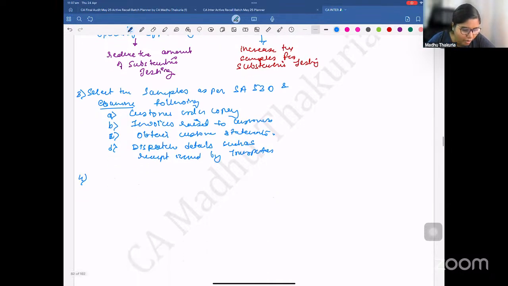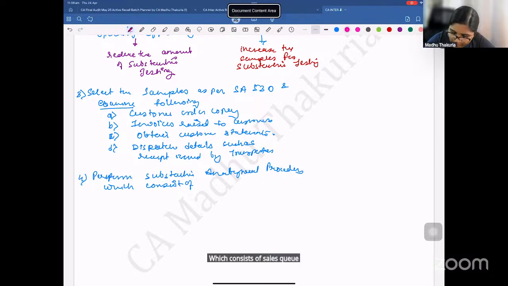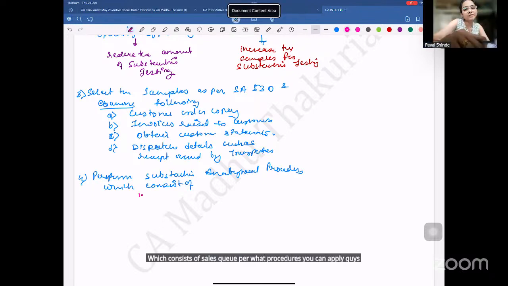Then you will perform substantive analytical procedures, which consist of, on sales, what procedures can you apply, guys? Trend analysis.